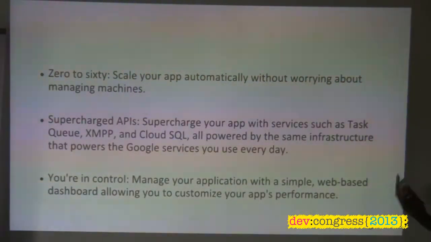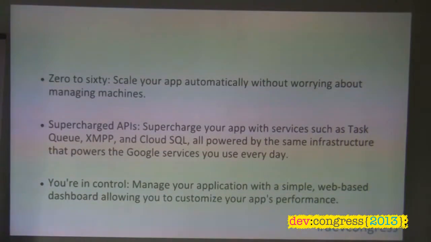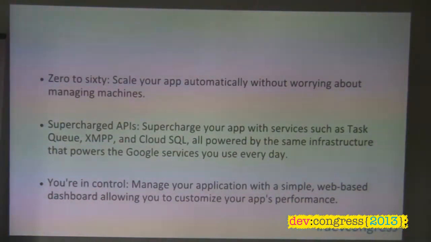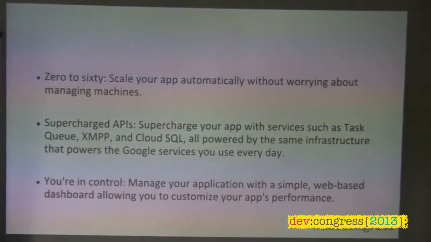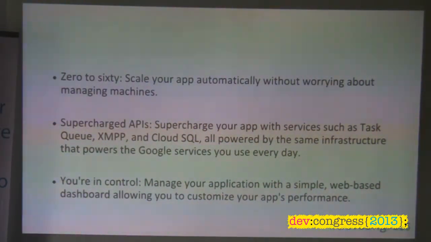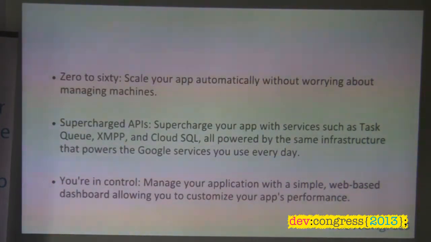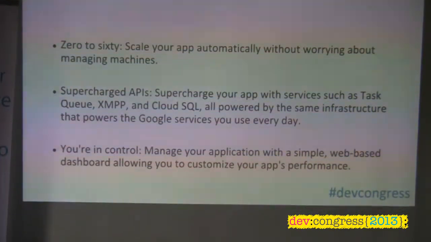And then about the APIs, there are a number of APIs you can use. There are task queues to simplify our handling of a lot of jobs. There are protocols you can use, messaging protocols like XMPP. The database can be very, very easy. Sometimes you don't even need to know anything about databases, and you can still start a web app with Google AppEngine, unlike the normal one where you need to have a lot of idea about SQL, how to set up tables, and a lot of things.